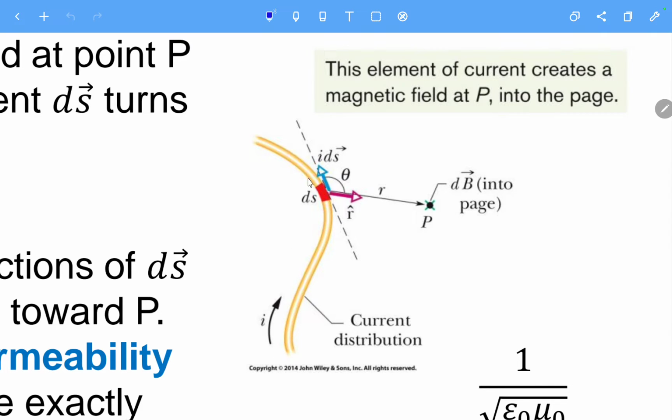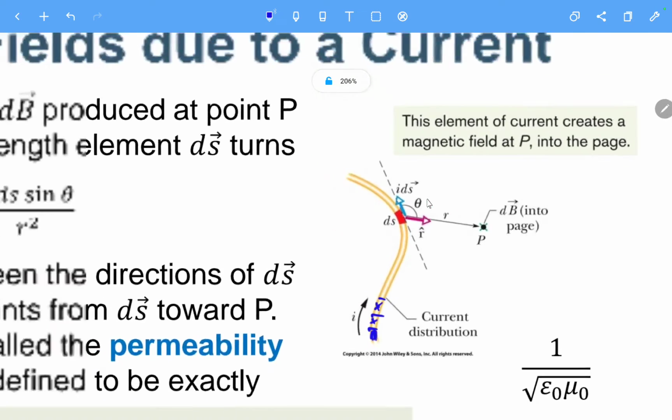For every small segment, we determine the dB generated at the same point P. Let's say this one is dB1, this one is dB2, and then dB3, and so on. Then we find all the dB, and integrate them together to get the overall B generated at this point.